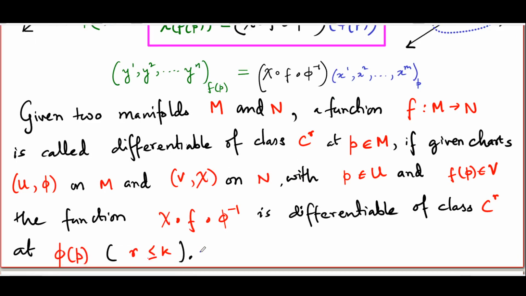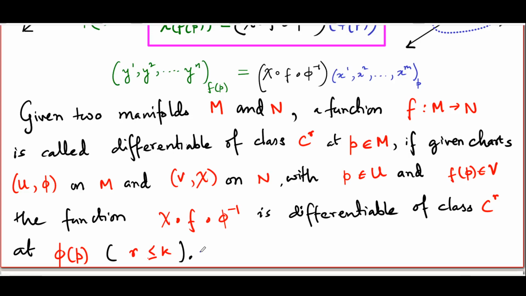Given two manifolds M and N, a function f from M to N is going to be called differentiable of class C^R at a point P belonging to M if, given charts U, phi on M and V, chi on N, you must realize that all I'm doing here is formally stating whatever the picture above had told us, with P belonging to U and f of P belonging to V. Remember, if you have a differentiable structure on M and N, which is what after all makes them differentiable manifolds, you have charts which cover the entire manifold.